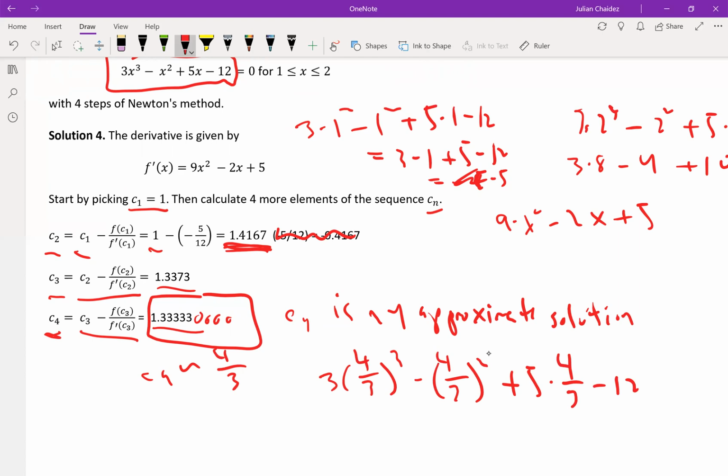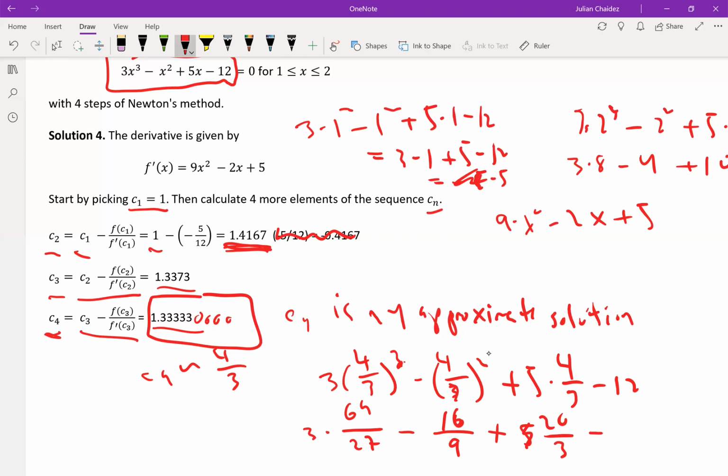Okay, so if I plug in 4/3 to this thing, then we can just work it out. So I get 64 divided by 27 times 3 minus 16 divided by 9 plus 20 divided by 3 minus 12.